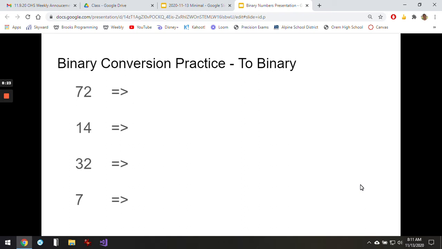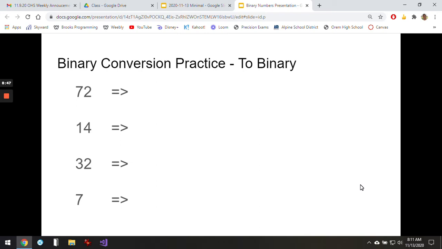The next one's 14. When you're doing it from decimal to binary, you always start from the left, and you need to have at least one number that is just the same as or just less than your number. So these numbers don't matter all the way up to here because 16 is too big.